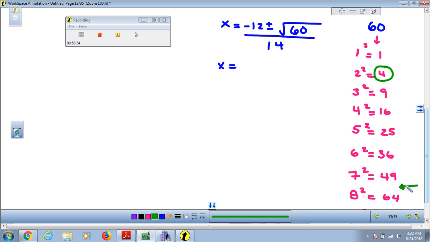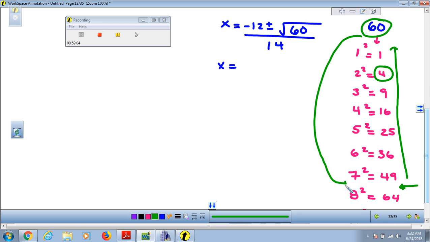So I identify in between which two perfect square integers that number is. It's between these two. So look at the list prior to that, and then choose the greatest number from that list that 60 is divisible by, and the biggest number that it is divisible by is 4.